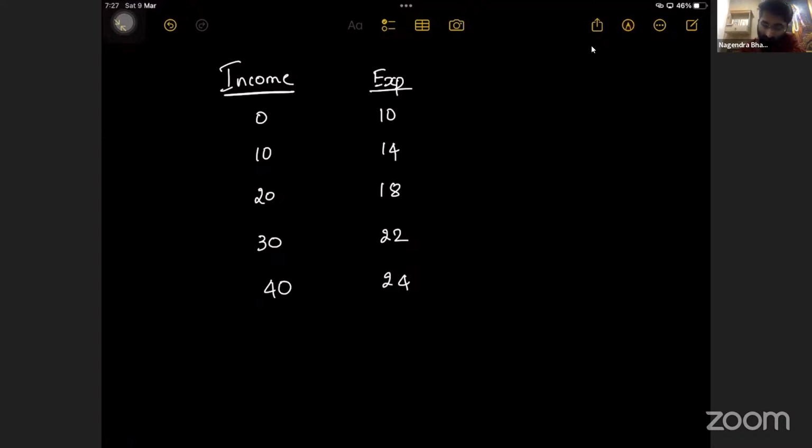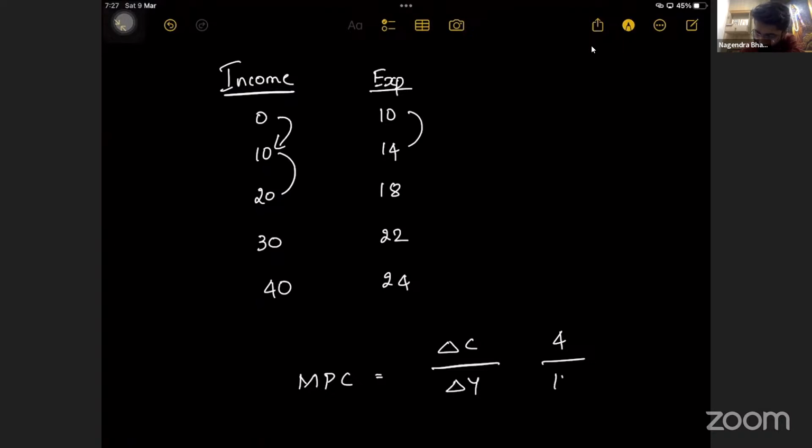Sir, how to calculate MPC, marginal propensity to consume? That is equal to delta C divided by delta Y. What is delta C here? 4. What is delta Y here? 10. 4 divided by 10, that is 0.4. Marginal propensity to consume is 0.4.